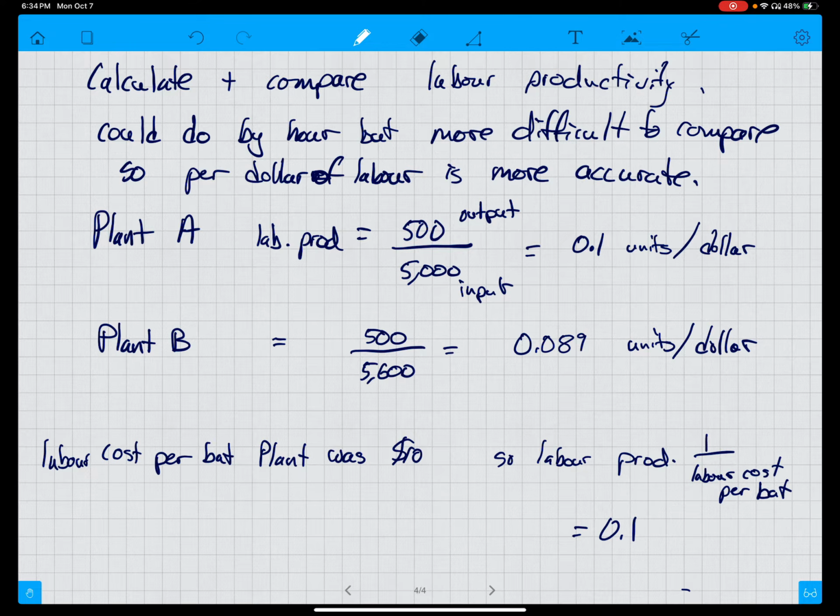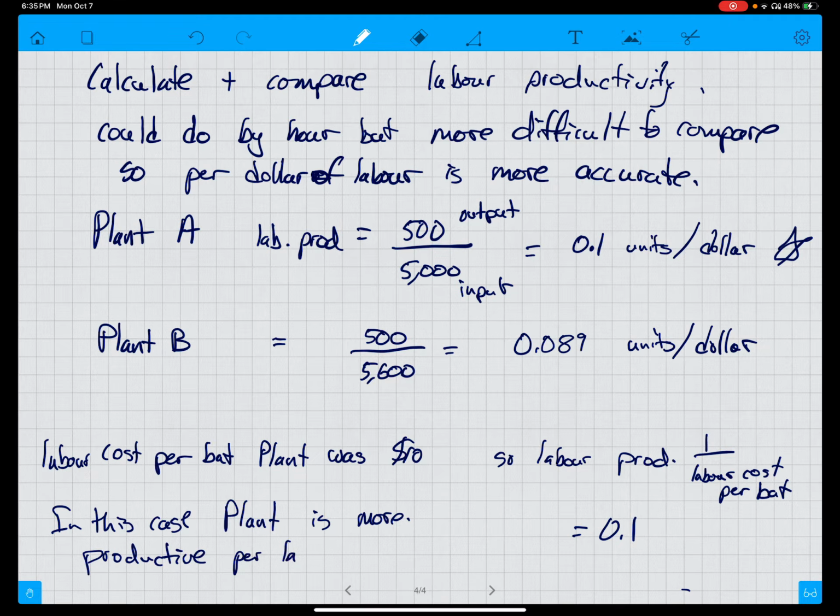If you weren't asked to calculate total cost as part of the question, then this is the way to do it here. But generally, I just wanted to show you the equivalence. So in this case, plant A is more productive per labor dollar. A bigger number is better than a smaller number.